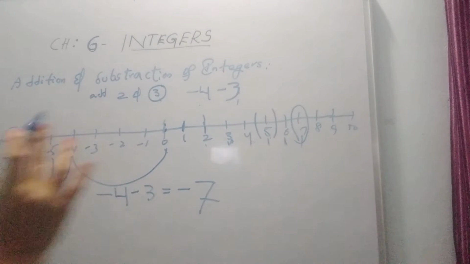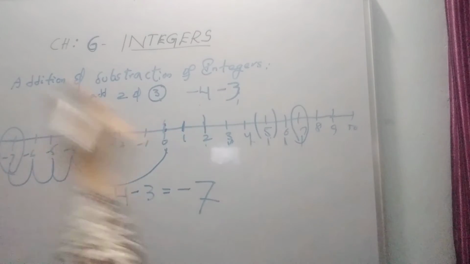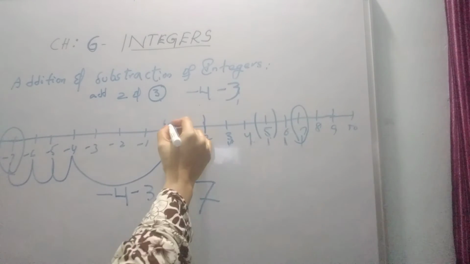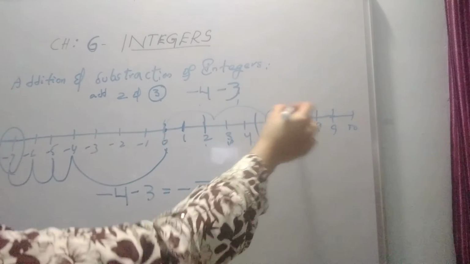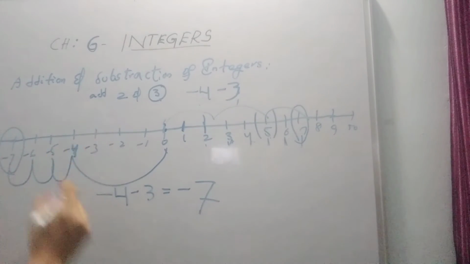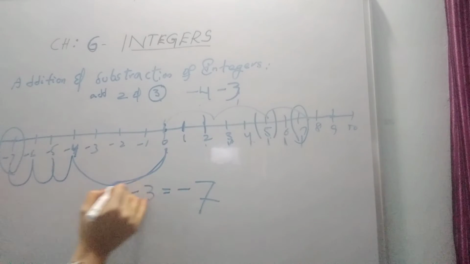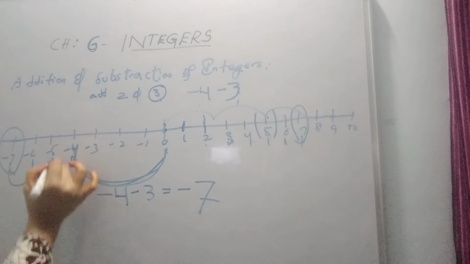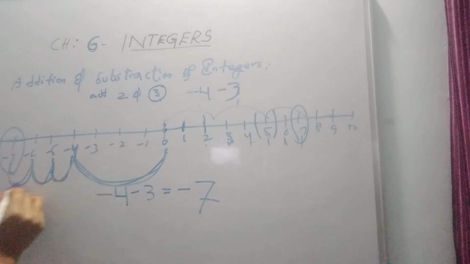Okay. For addition we have to take right jumps. For minus we have to take left jumps. Like this.